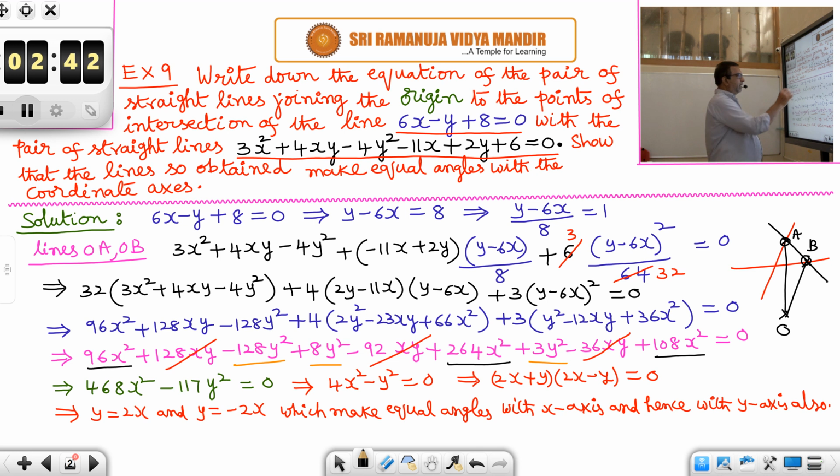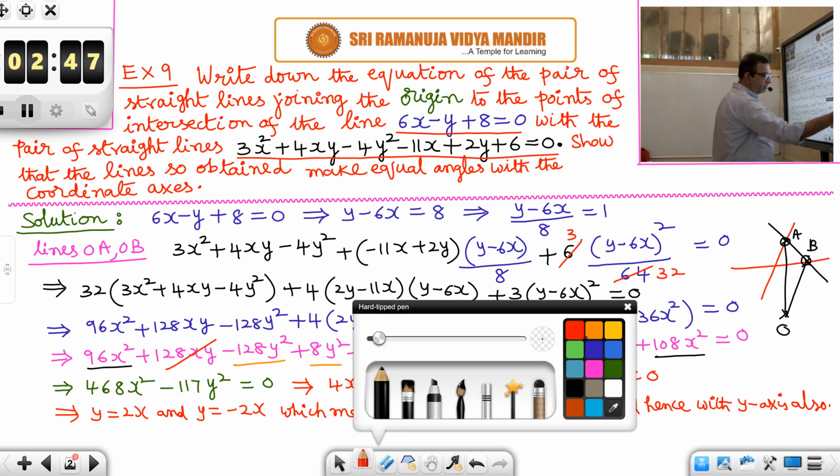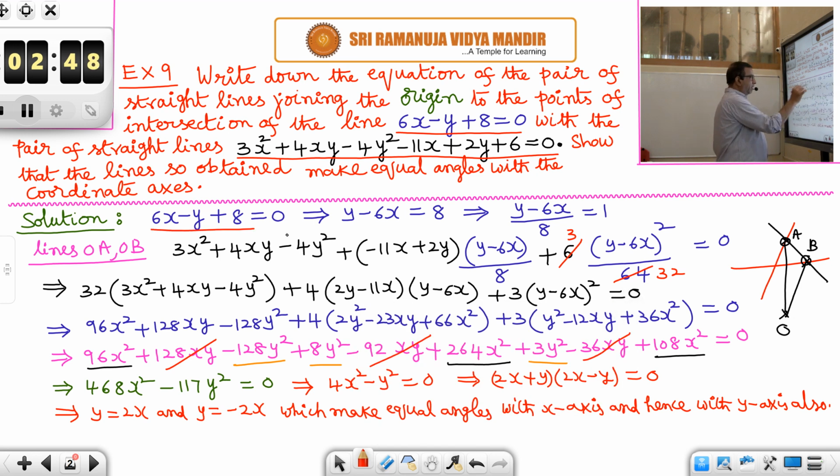So we take the single line 6x minus y minus 8 equal to 0. We have to prepare the line for homogenization. So what is the procedure? The right hand side must be 1. So we take 6x minus y to the other side.